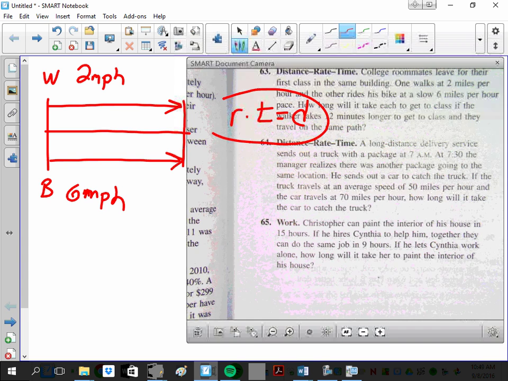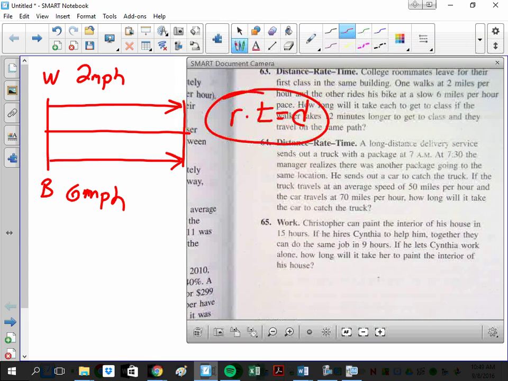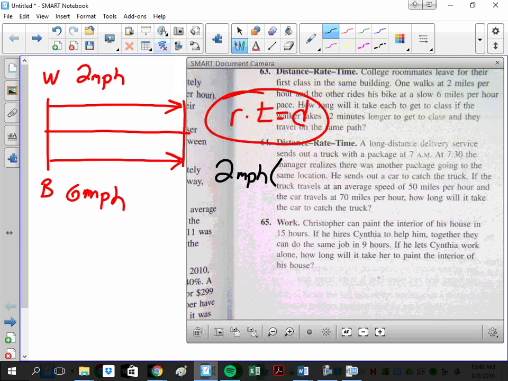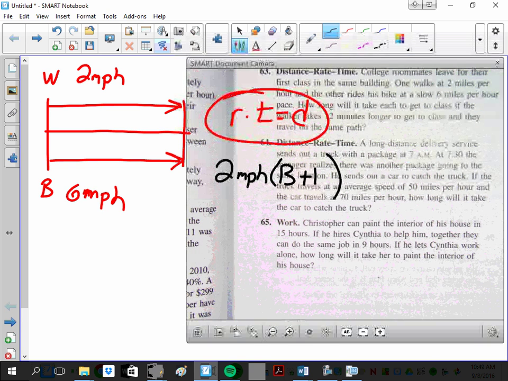What do we know about that formula and the walker? The rate is 2, so 2 miles per hour times the time, which would be the biker's time plus 12 minutes. Whatever the biker finished in, the walker took 12 minutes longer.